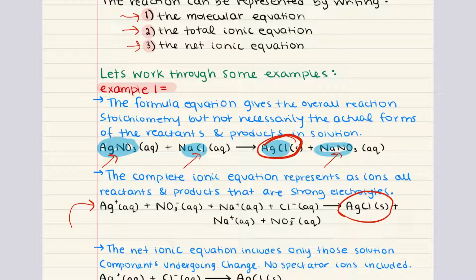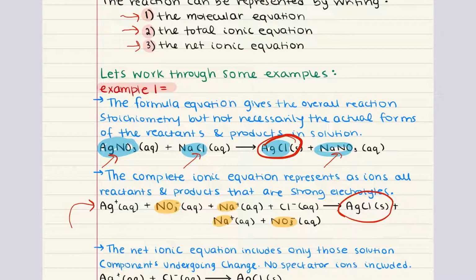Now, once we have the total ionic equation, we're going to remove the spectator ions, and that's going to give us the net ionic equation. Spectator ions are ions that appear on both sides of the equation completely unchanged. So looking at our total ionic equation, we notice that nitrate and sodium appear on both the reactant side and on the product side.